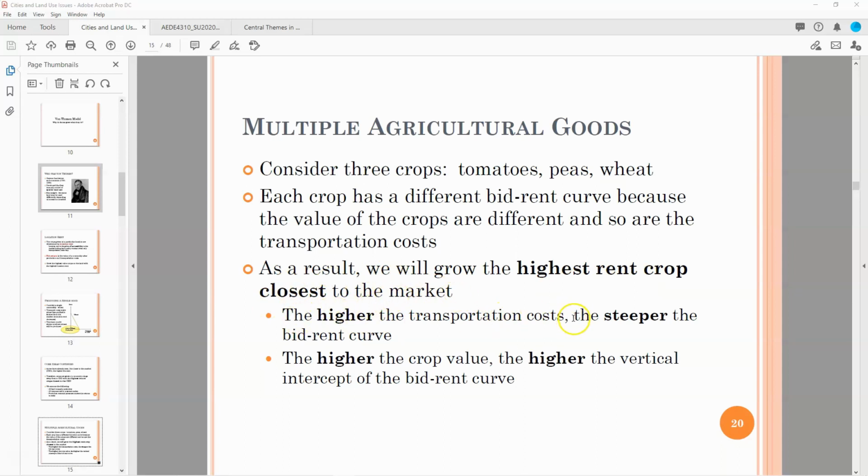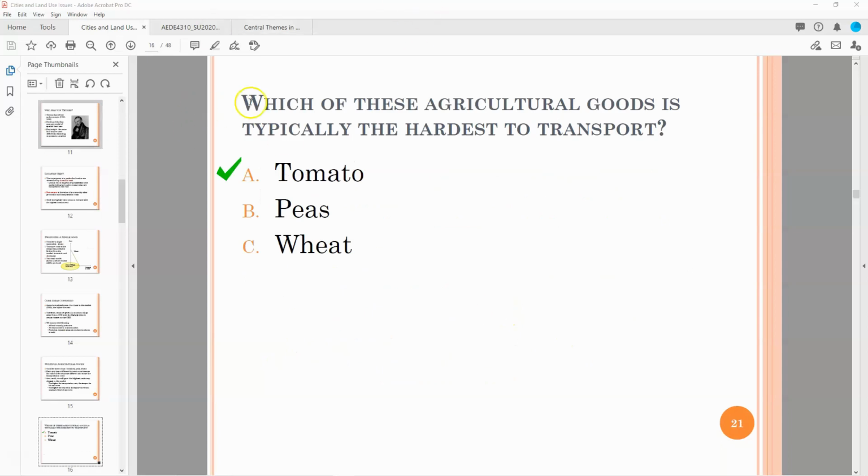The higher the transportation cost, the steeper the bid rent curve, and the higher the crop value, the higher the vertical intercept of the bid rent curve. Those 2 sentences are very important, and they help us determine the bid rent curve for each crop. Here I have a question: which of these agricultural goods is typically the hardest to transport?